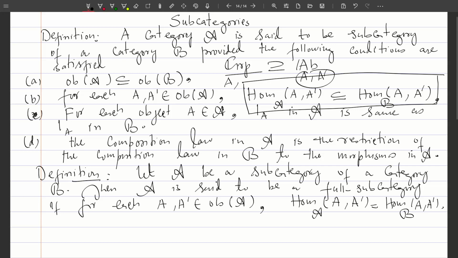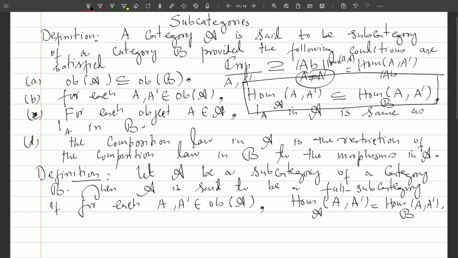The morphisms are the group homomorphisms, so the hom set of A and A prime in category AB is the same as the hom set of A and A prime in category GRP, because these hom sets have nothing to do with the group being abelian. So we can consider AB as a full subcategory of GRP.